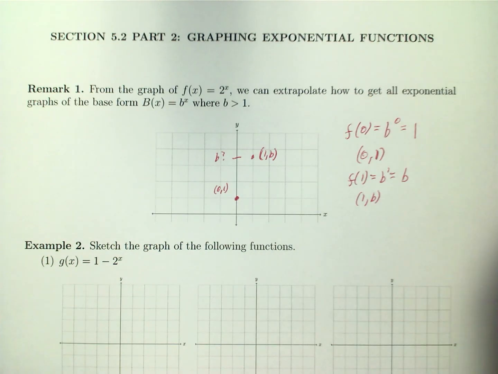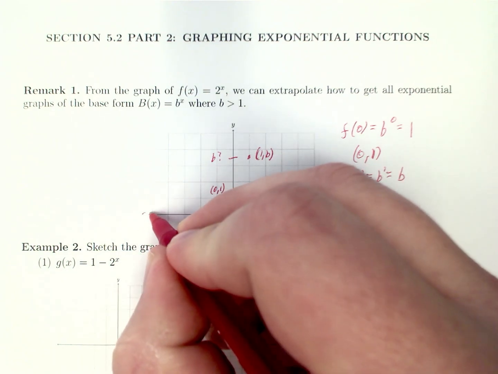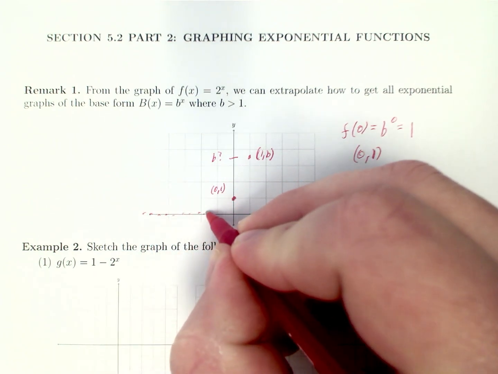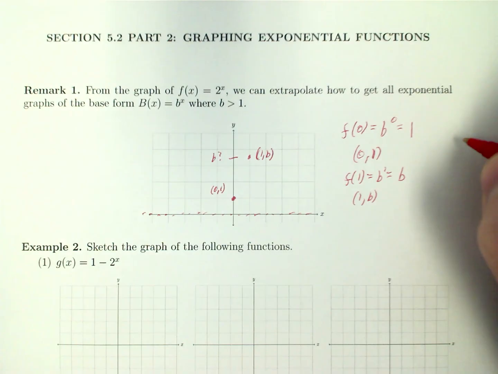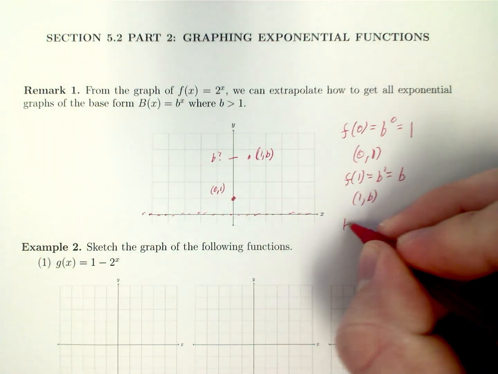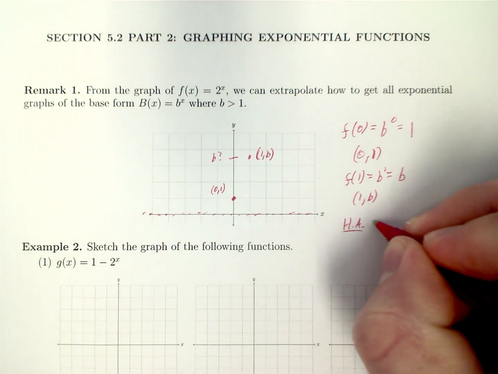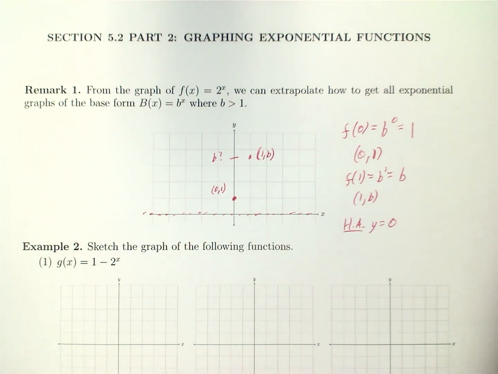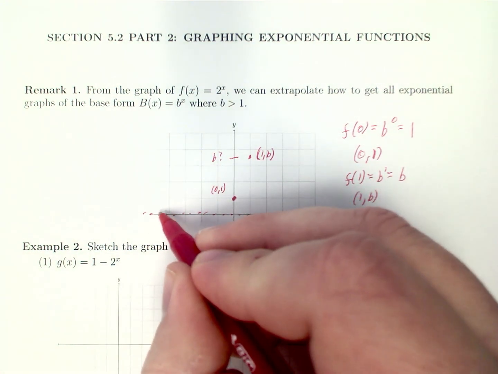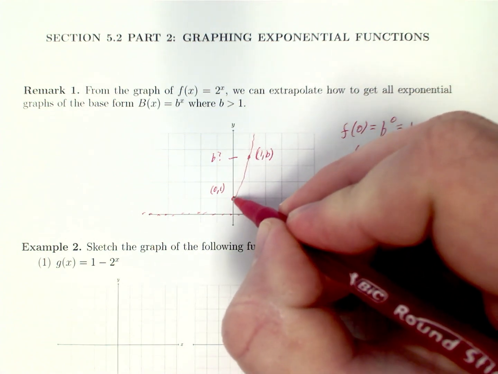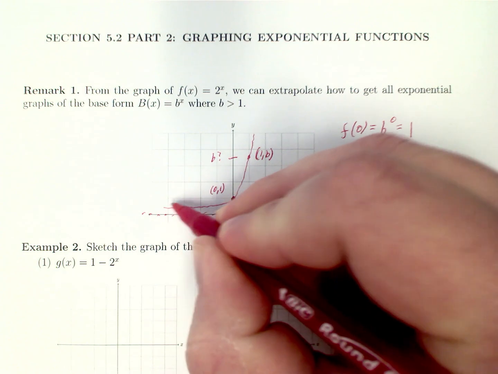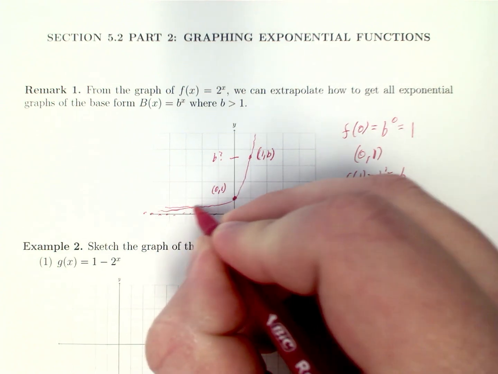It's going to have a horizontal asymptote of y equals 0. So again, always note your asymptotes. It's really small over here, and it grows really quickly here. Something continues to shrink.